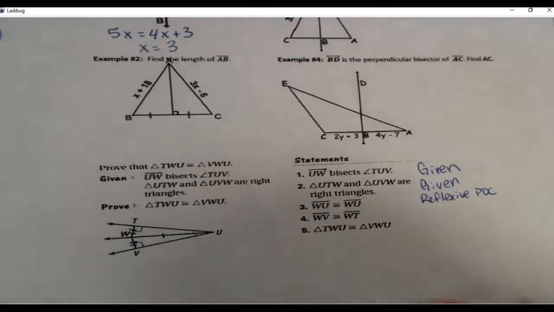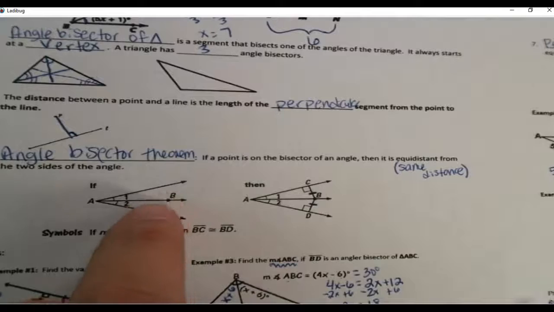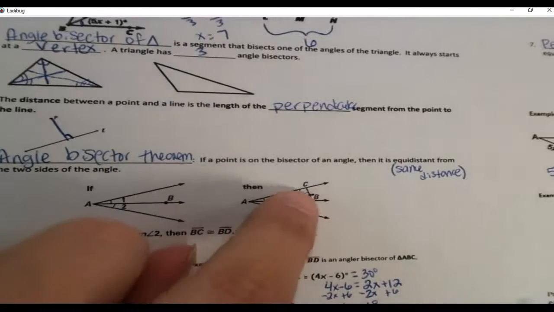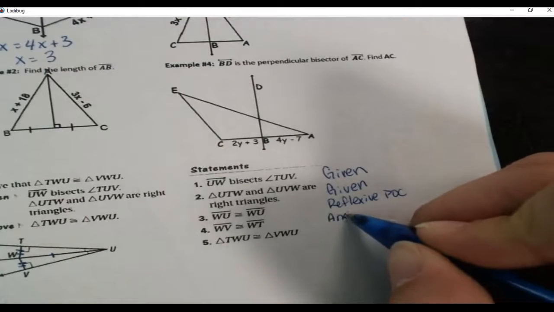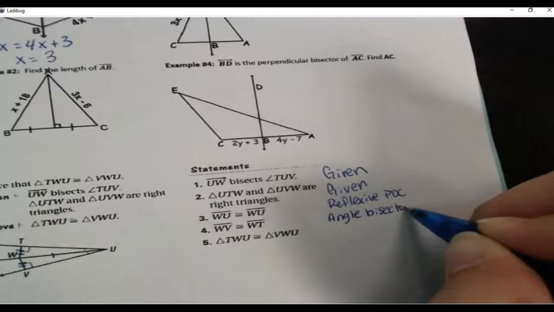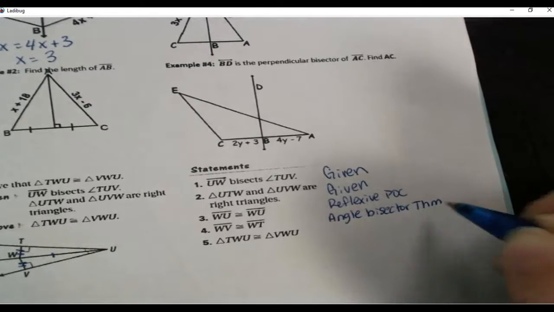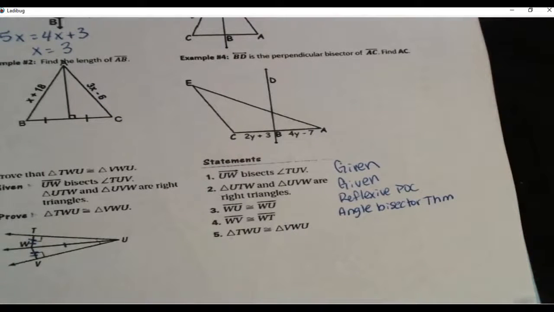Well, I know that because if we look right here at our angle bisector theorem, that's what it says. It says if it's an angle bisector, then it's equidistant to the sides of the angle. So that is the angle bisector theorem. And so if I'm looking at this, it's a right triangle.